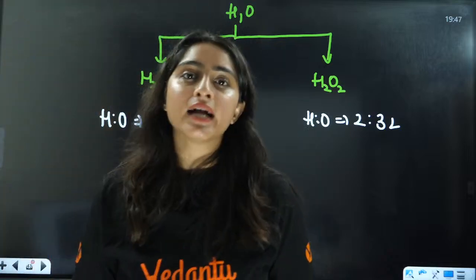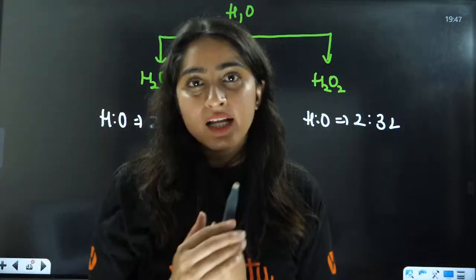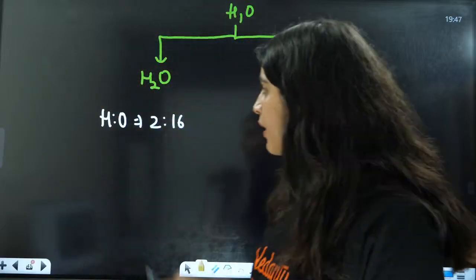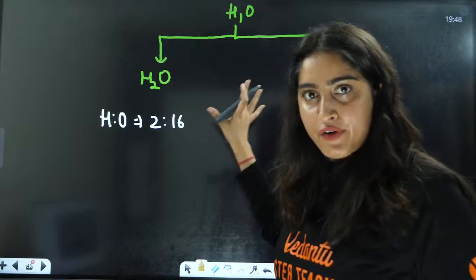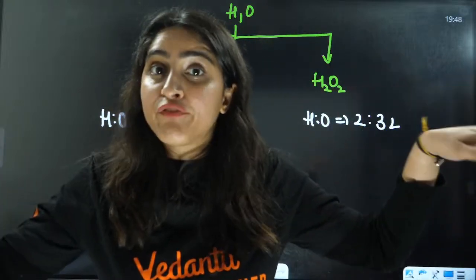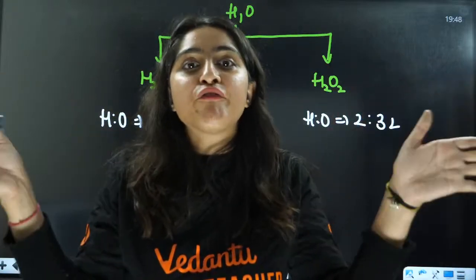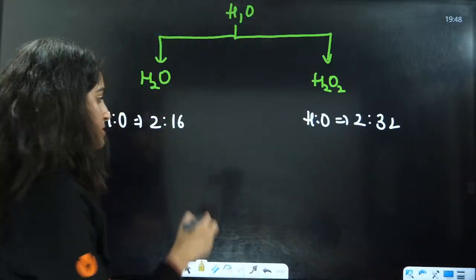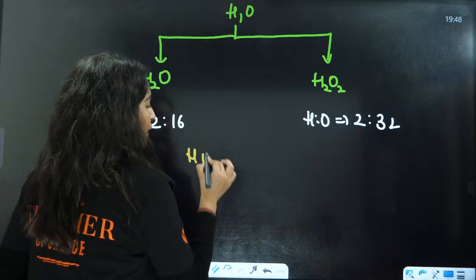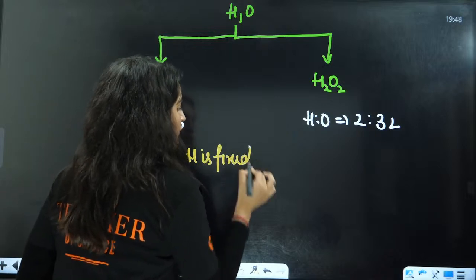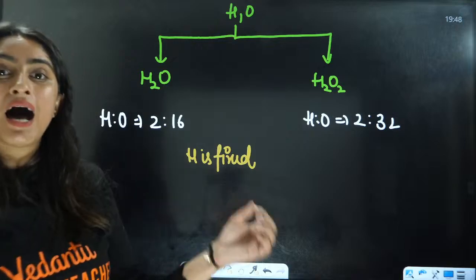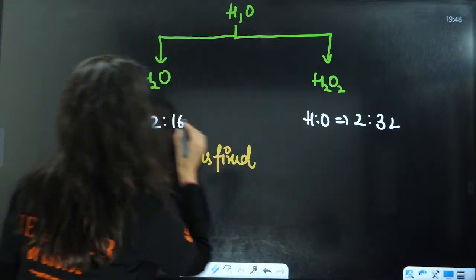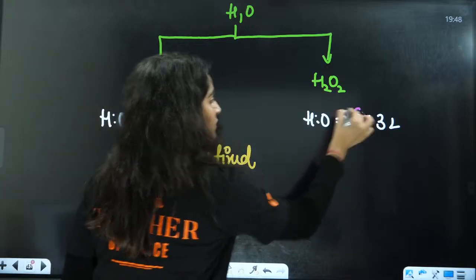That states that if two atoms combine in different ratios, forming different compounds, and if I fix the mass of one atom, here I am fixing the mass of hydrogen, this is 2 and this is 2.